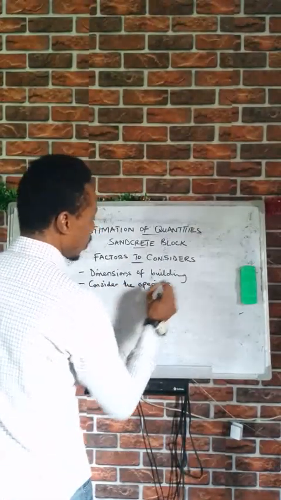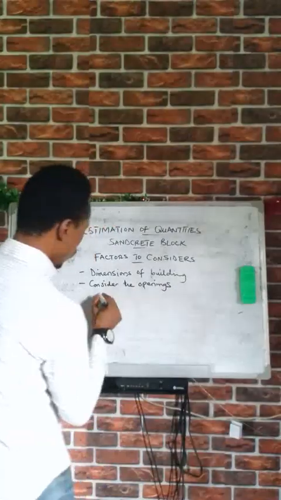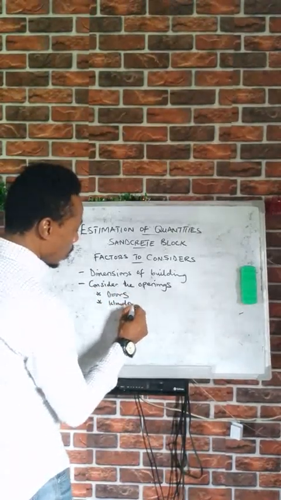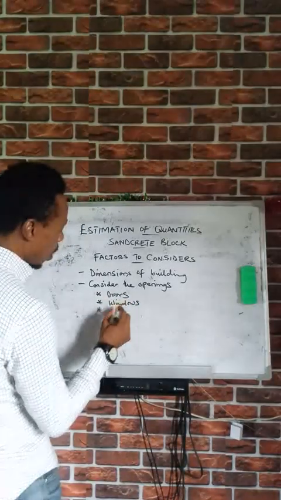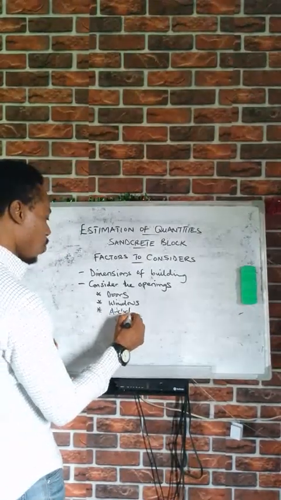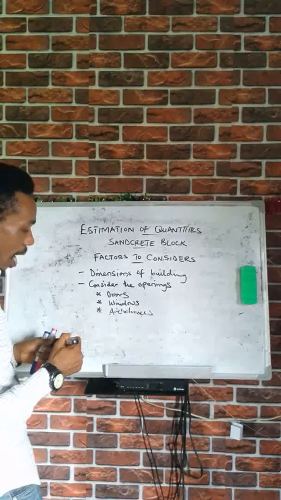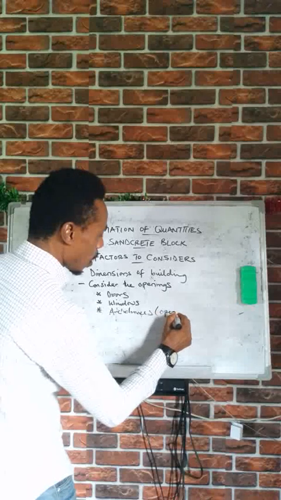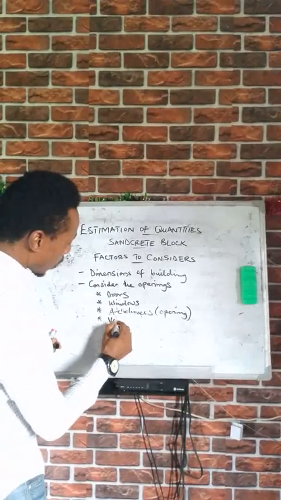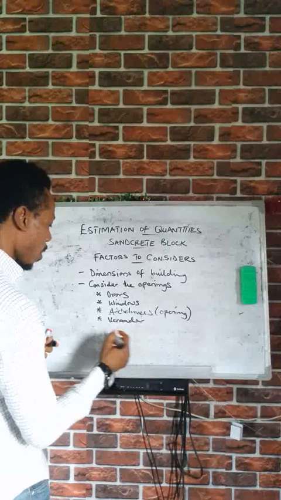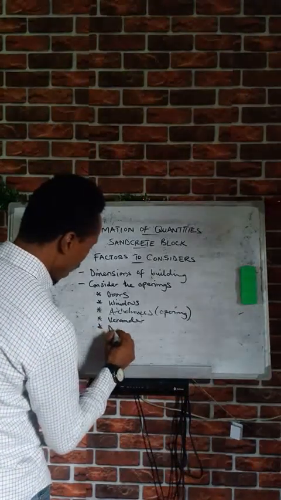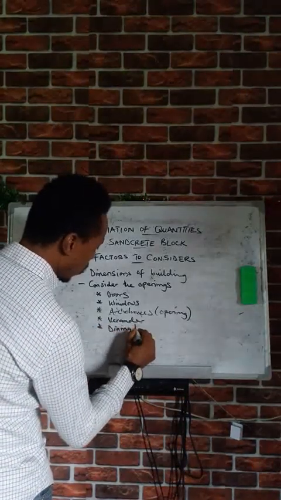The openings here are your doors, your windows, and areas with architraves, mainly openings like your veranda and some other areas in the building, like your dining hall.